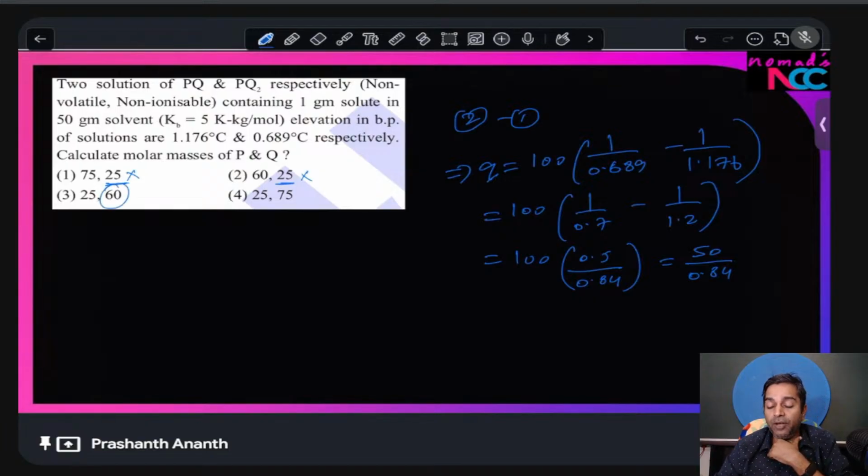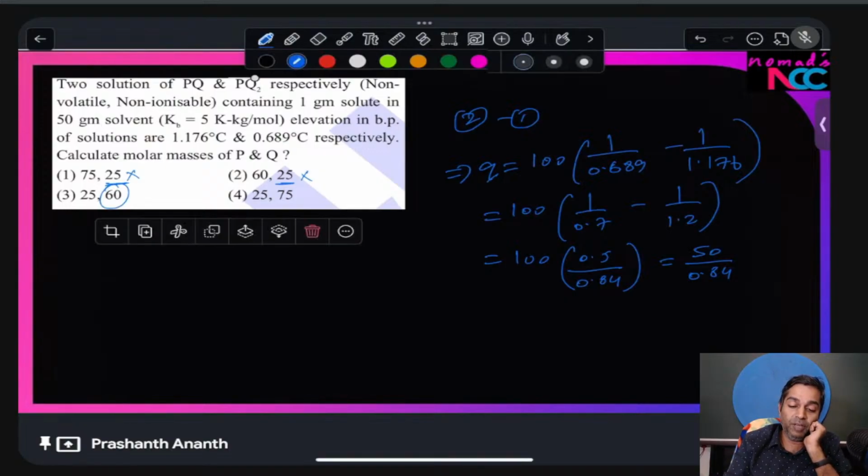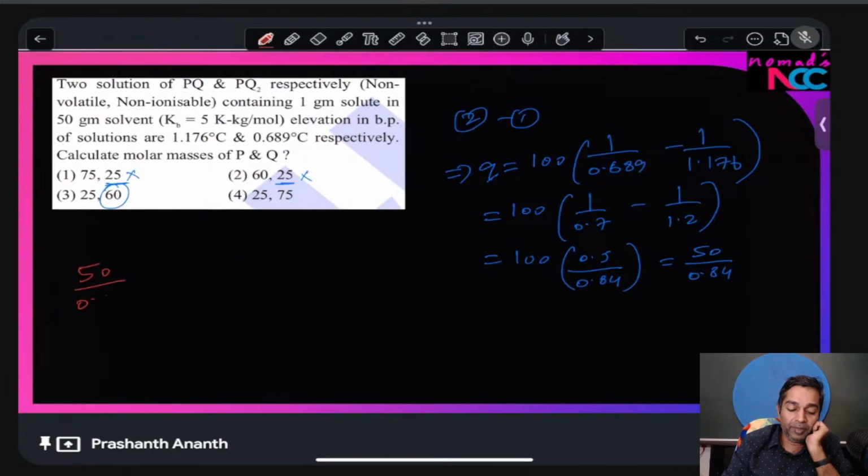It cannot be 75, because if it were 75, it should be 50 by 0.75 or 0.6. Because 50 by 0.84 is definitely less than 50 by 0.8, which is easier to find. So let's find that out first. When you have complicated comparisons, it's always easier to bring it to something easier to solve and then proceed.